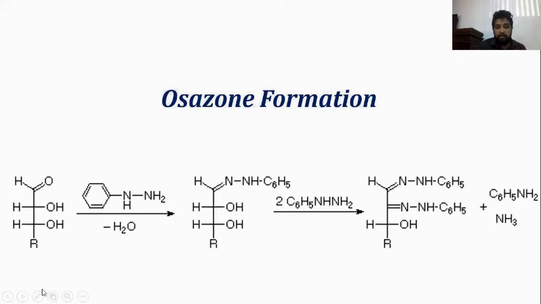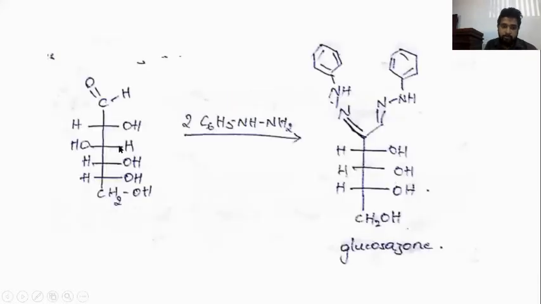If this sugar is lactose, the resulting osazone will be called lactosazone. If this is galactose, the resulting osazone will be called galactosazone. Okay, here you can see glucosazone. This is glucose.